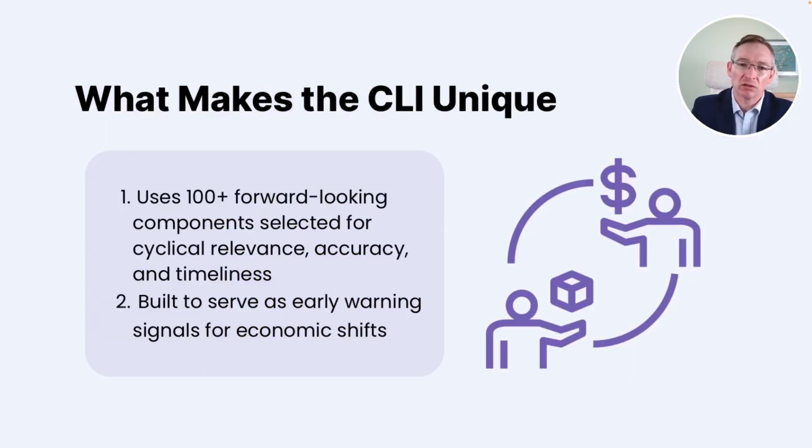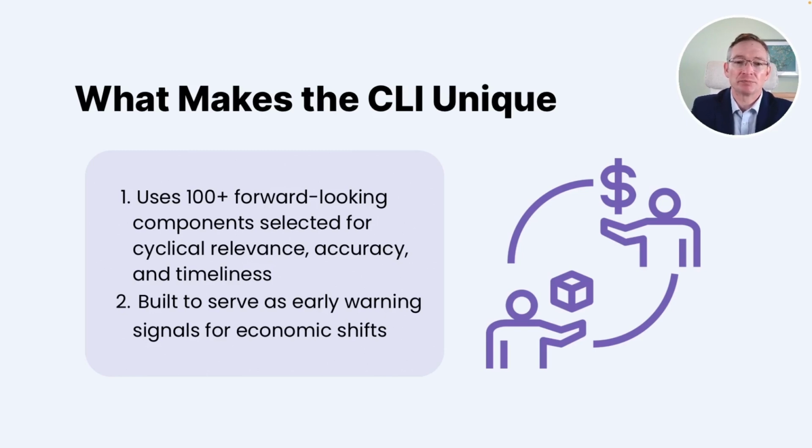Now, what's special about the CLI is that it draws on more than 100 forward-looking data series. Each component is chosen based on its reliability, relevance, and how well it tracks cyclical turns in the economy. The goal is to build a composite that serves as an early warning signal for shifts in GDP and business activity. I'll give you a link to the website in the PDF that accompanies this lesson so you can find it for yourself.